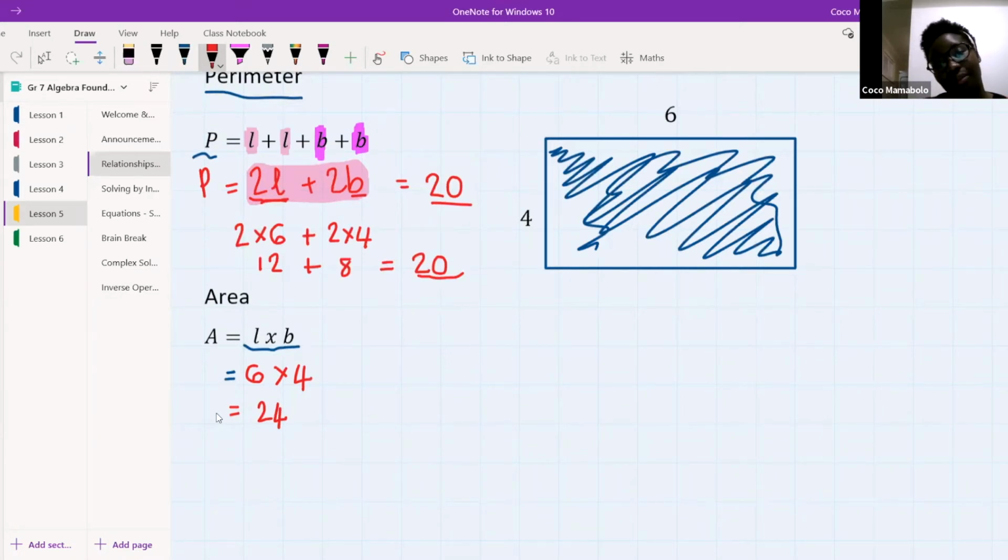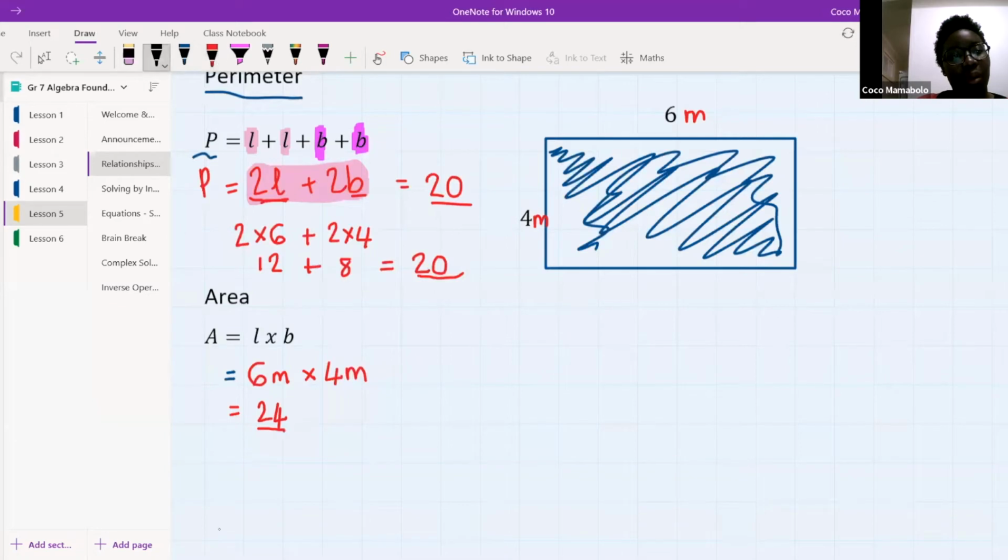I just want to remind you guys that if this was meters, and this was also meters, right? I want to remind you guys what we do when we have meters next to each other. So here's what we're gonna do. I'm gonna go 6 meters times 4 meters. And this gives us 24.